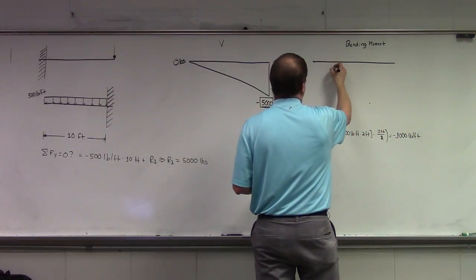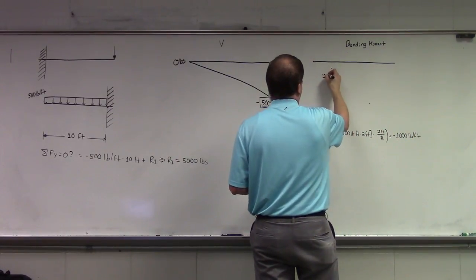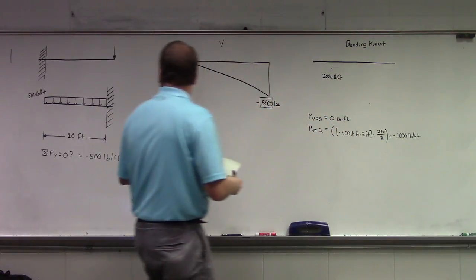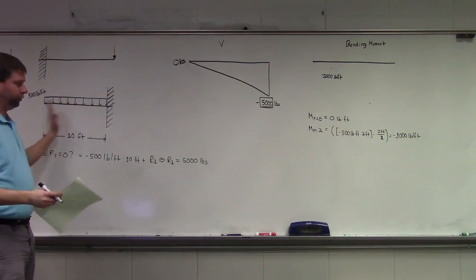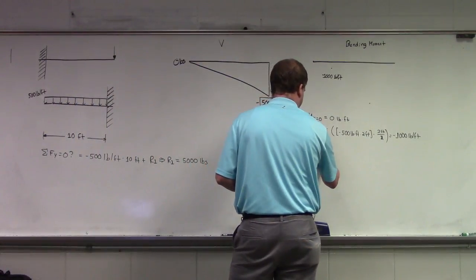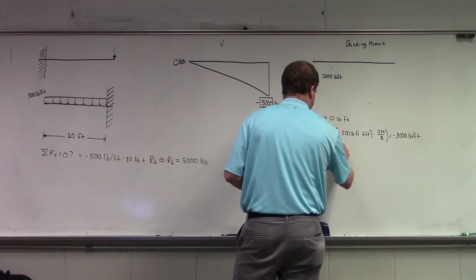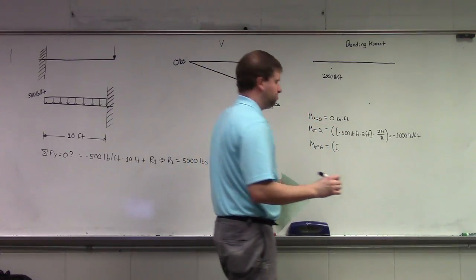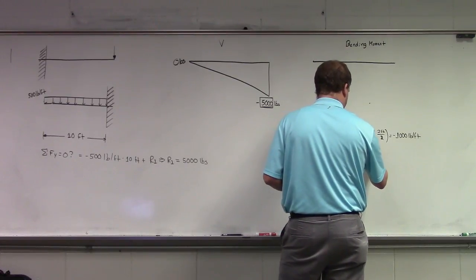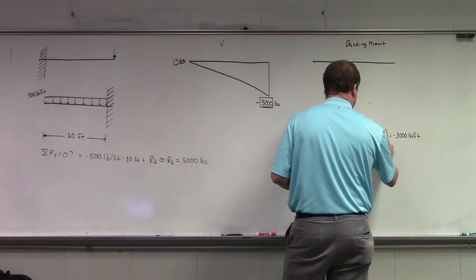Okay, so here we're down to minus 1,000 pounds per foot. Let's look at 6. So now we're going 6 feet away. What do we have? 500 times 3,000, then times what? 3, so 9,000.